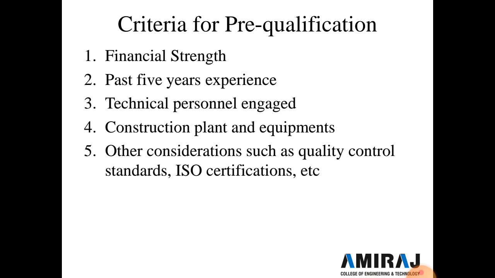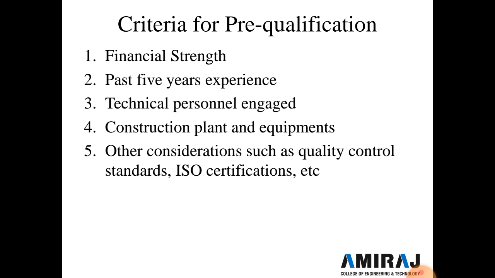Now next we study the criteria for pre-qualification. Here there are 5 main criteria. First is financial strength, second is past 5 years' experience, third is technical personnel engaged, fourth is construction plan and equipment, and fifth is other considerations such as quality control standards and ISO certificate.